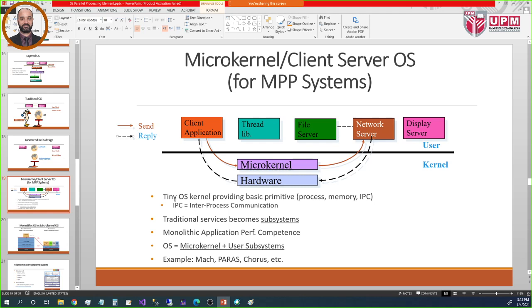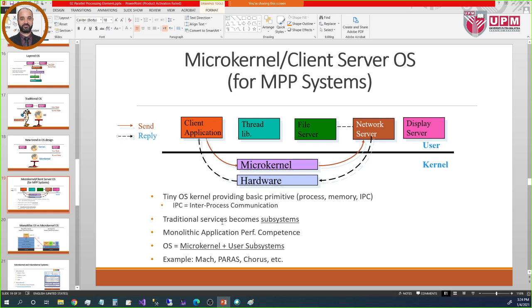Here, a tiny OS kernel provides basic primitives: process, memory, and IPC. IPC, as I mentioned before, means inter-process communication or inter-processor communication.